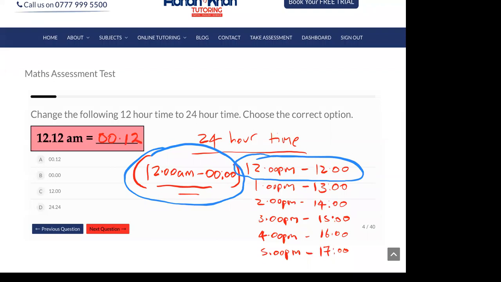Because remember, 12:12 AM is just gone past midnight, so it's right in the middle of the night, but it's classed as being AM. So that's where the AM timing for the morning actually starts. And once you convert that into a 24-hour clock, it will be 00:12. Let's go for option A in this case.